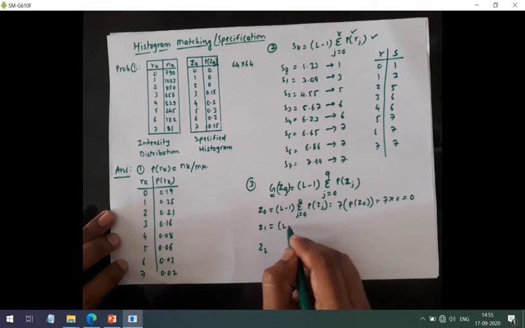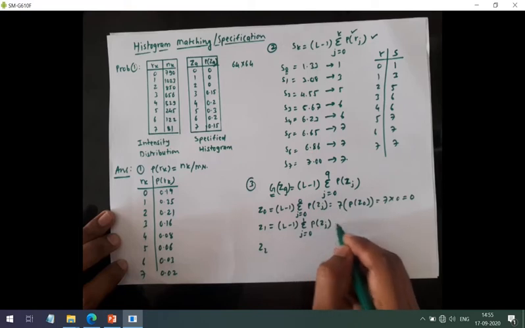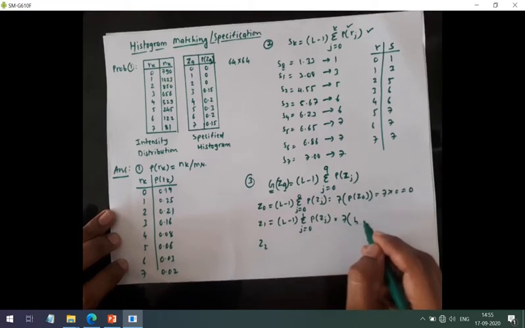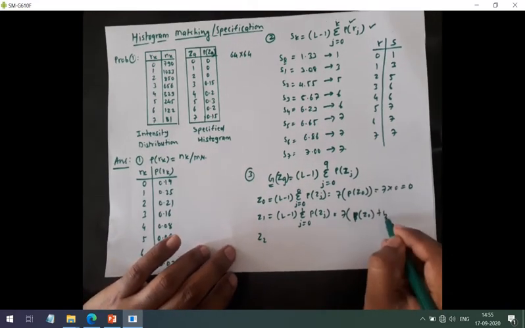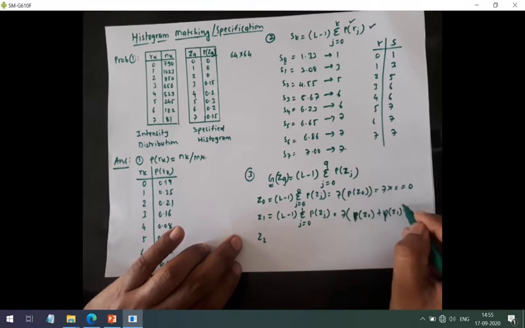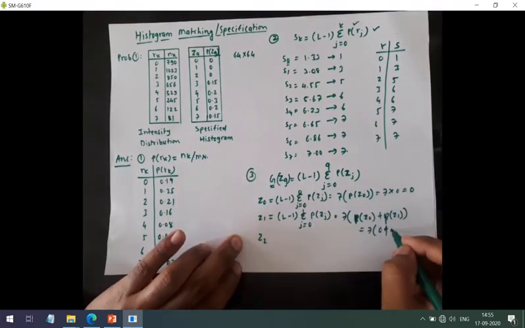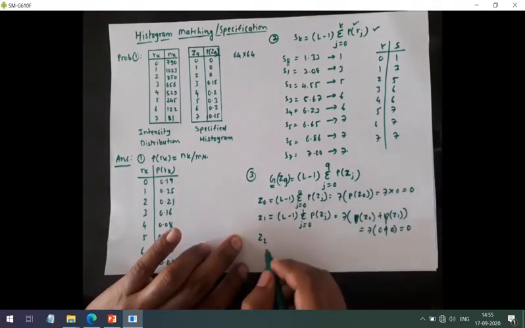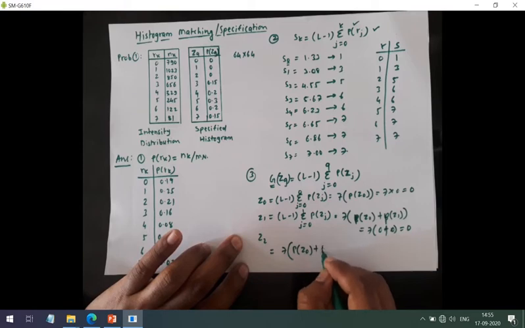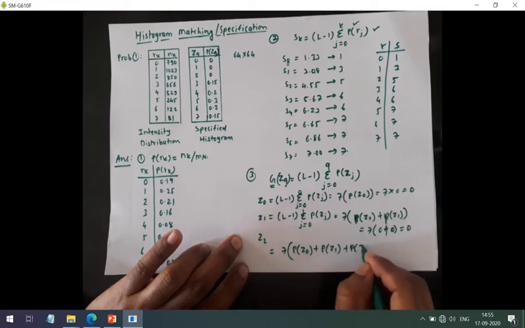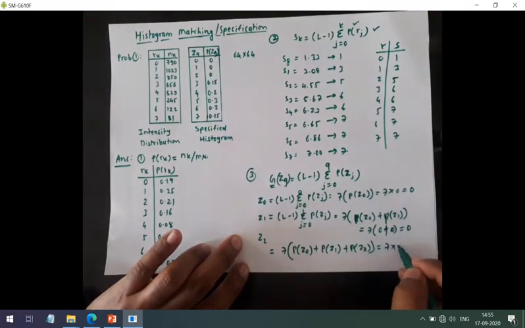Similarly for z1 it will be L minus 1 summation from j equals 0 to 1 p of zj, that will be 7 into p of z0 plus p of z1, which is 7 into 0 plus 0, so we will have 0. For z2 it is p of z0 plus p of z1 plus p of z2, all these three values are 0, so 7 into 0 equals 0.